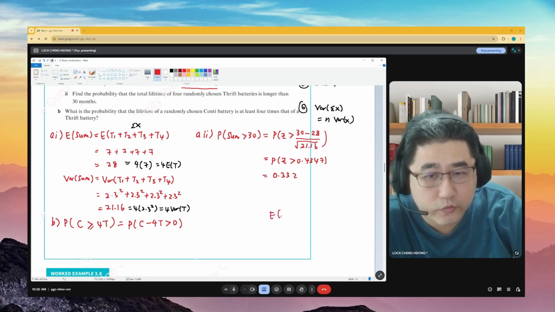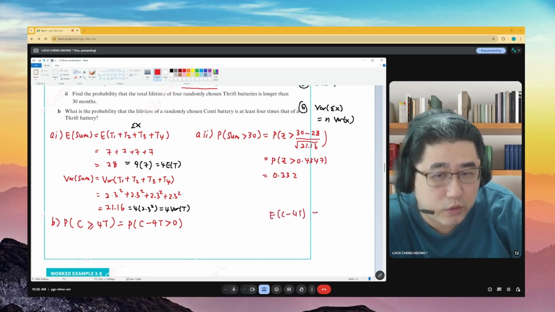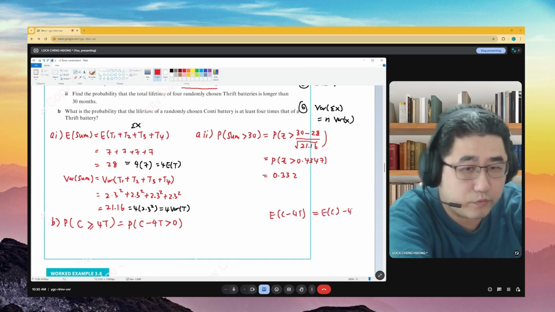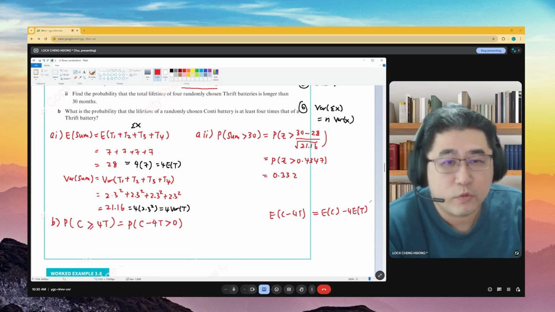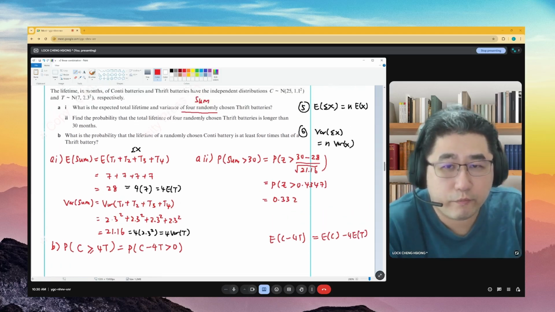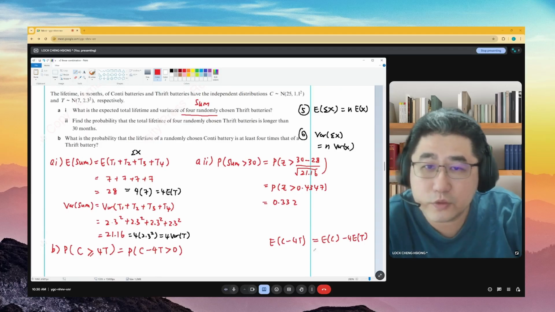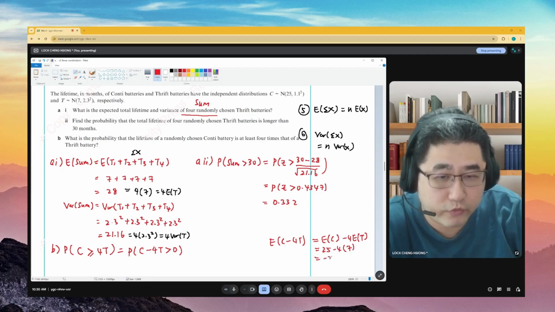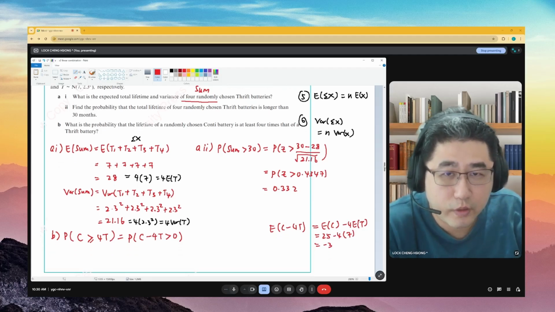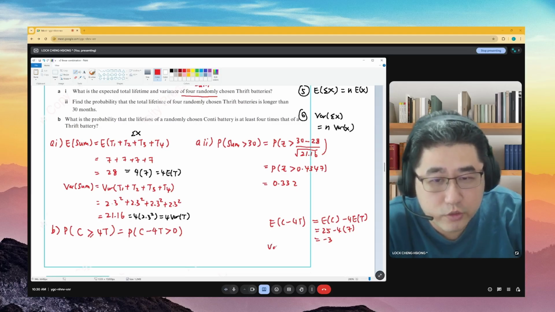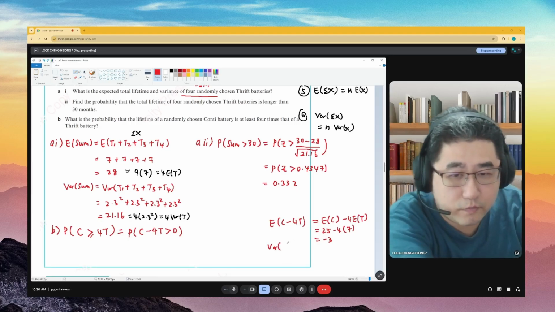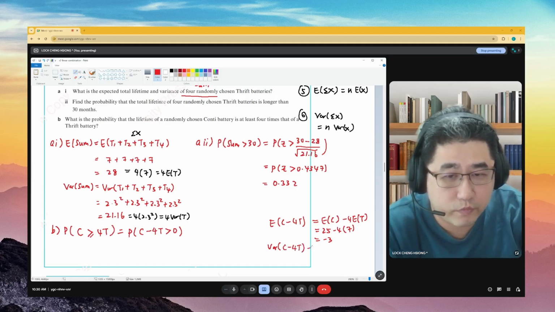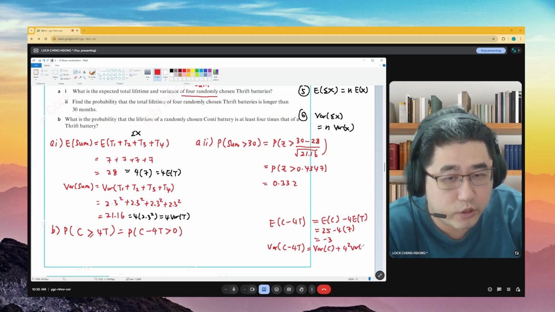So expected of C minus 4T is equal to expected of C minus 4 times of expected of T. According to the information that we have, expected of C is 25, 4 times of 7, so I have a negative 3. Then variance of C minus 4T gives me variance of C plus 4 square variance of T.